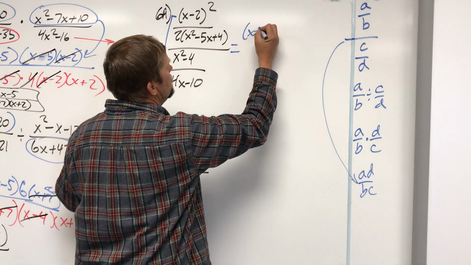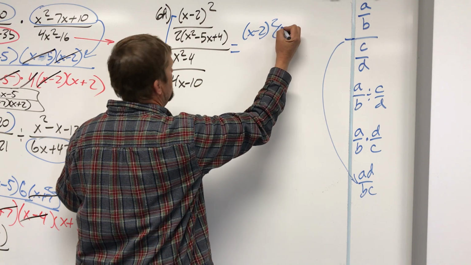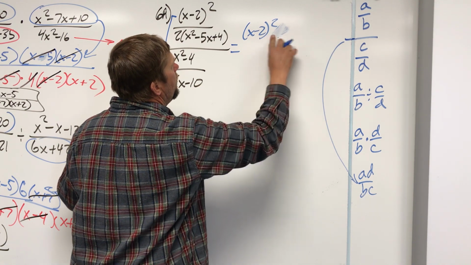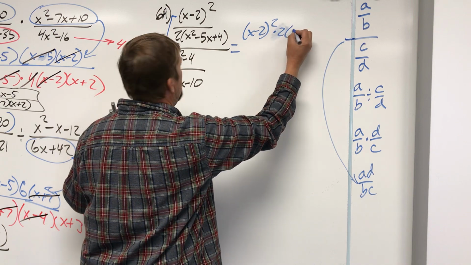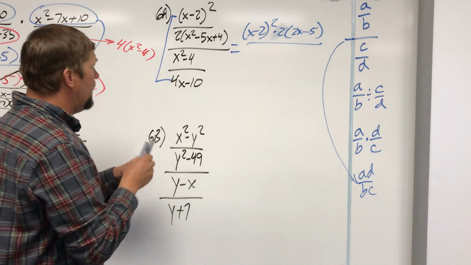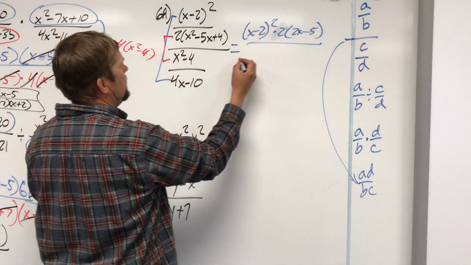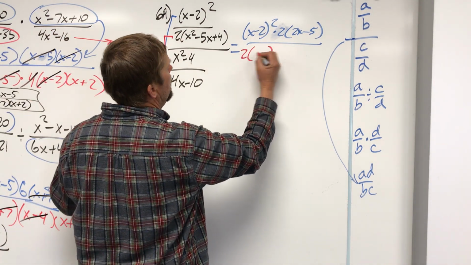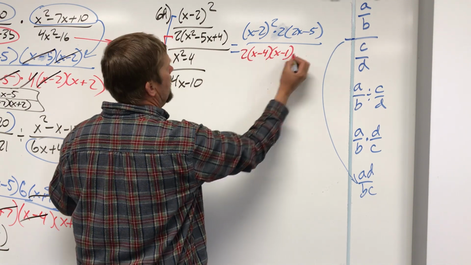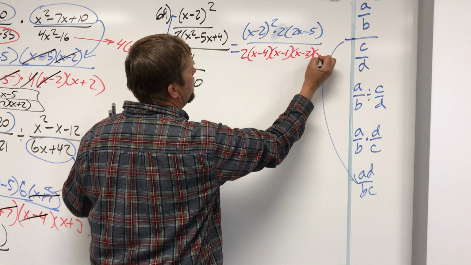So x minus 2 squared times 4, or no, I'm sorry, times 2 times 2x minus 5 on the top. The bottom is going to be b times c. So 2x minus 4, x minus 1, x minus 2, and x plus 2.